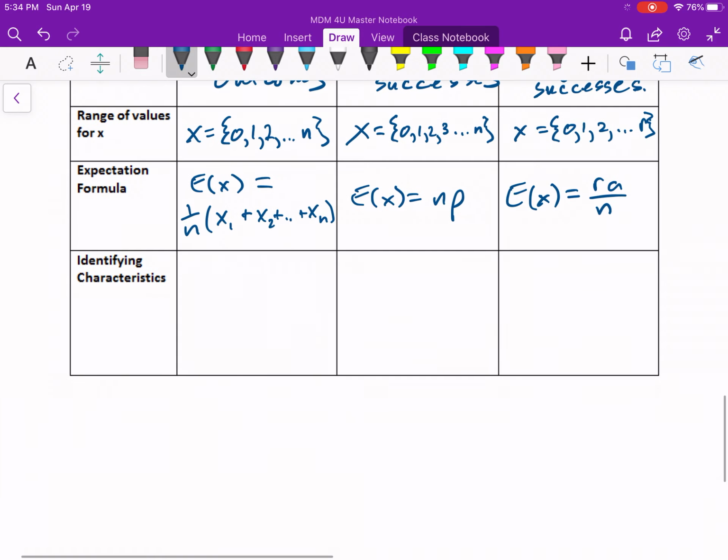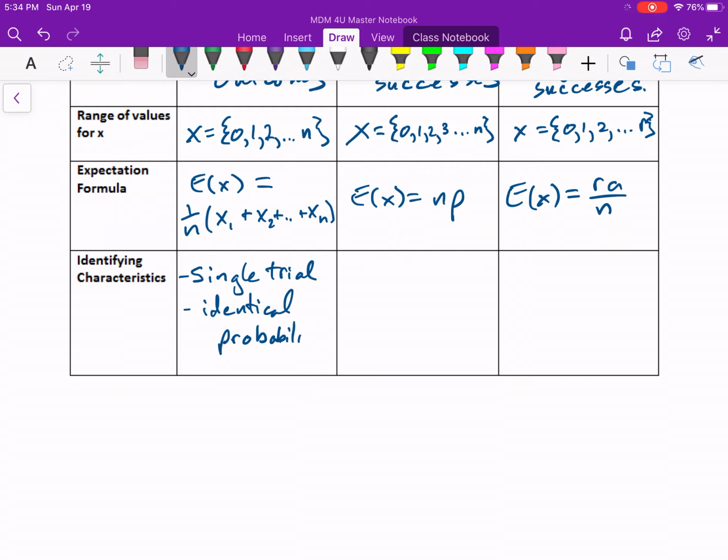And finally, the identifying characteristics. In a uniform distribution, we're always just talking about a single trial. Right? It's the only one where we're looking at doing one trial at a time, and they all have identical probabilities. For a binomial one, we have multiple trials.